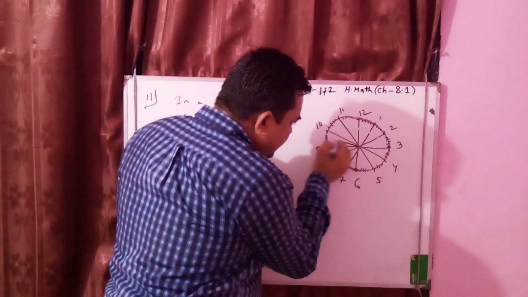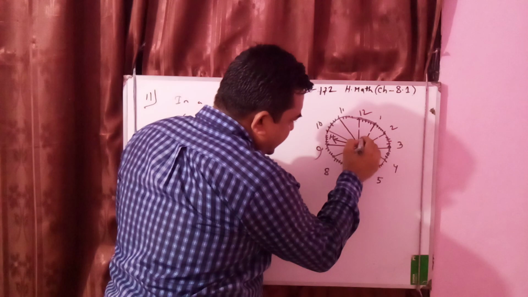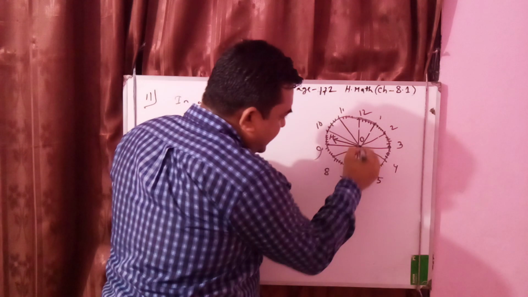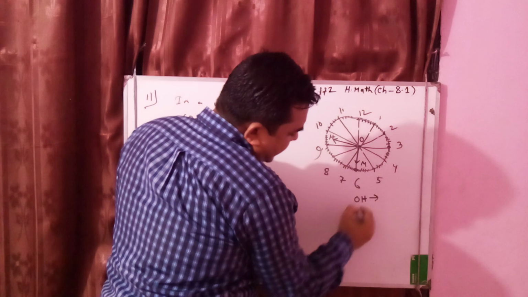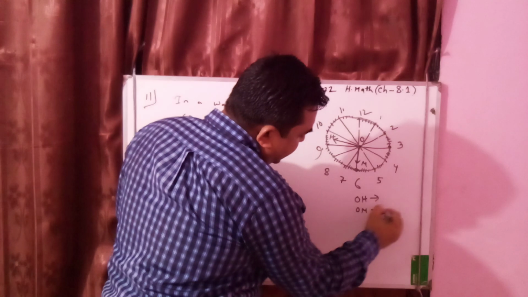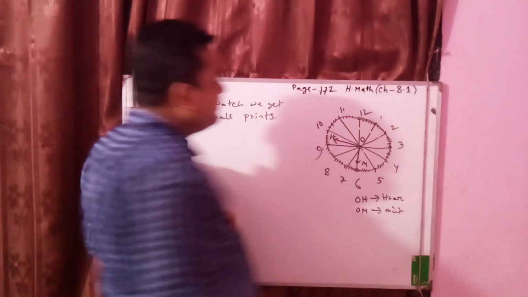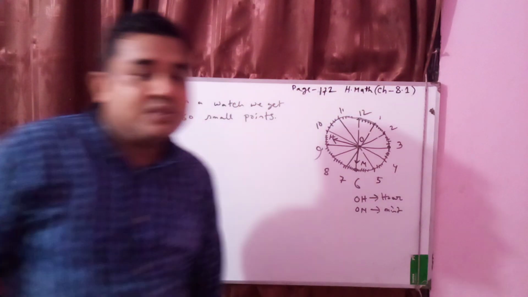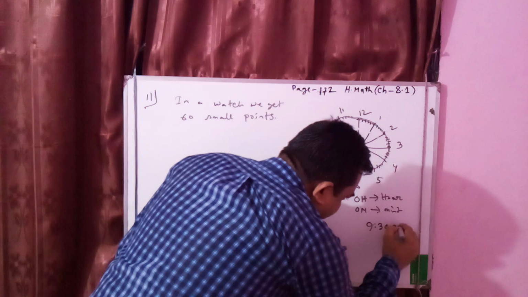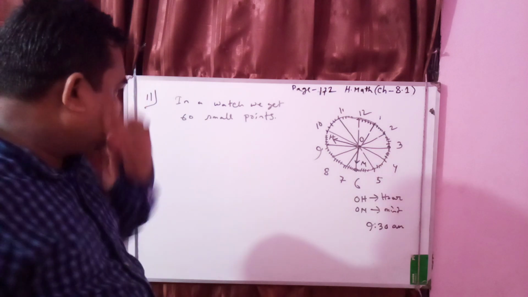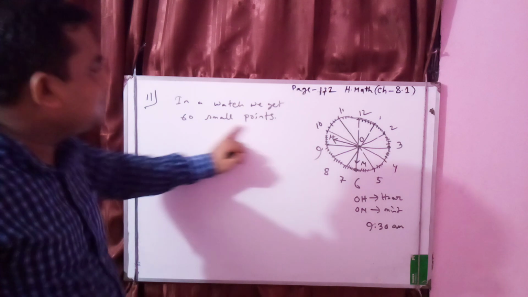We denote this as the hour hand. If we consider this point center O, then O is the hour hand and OM is the minute hand. In a watch we get 60 small points.